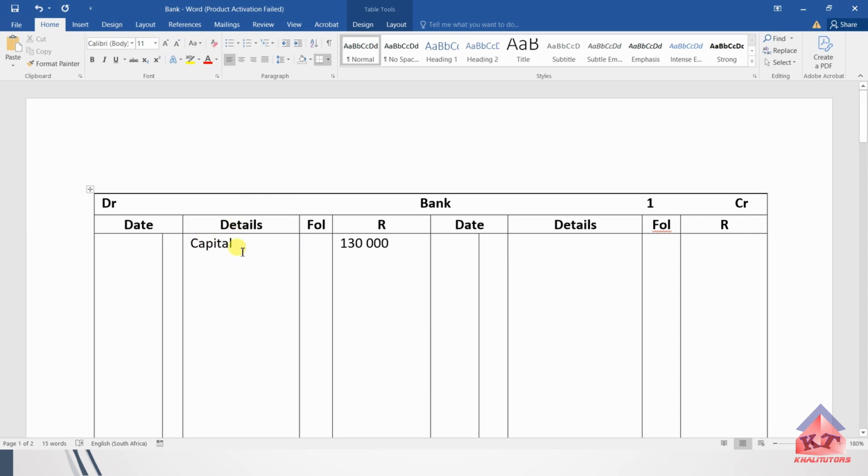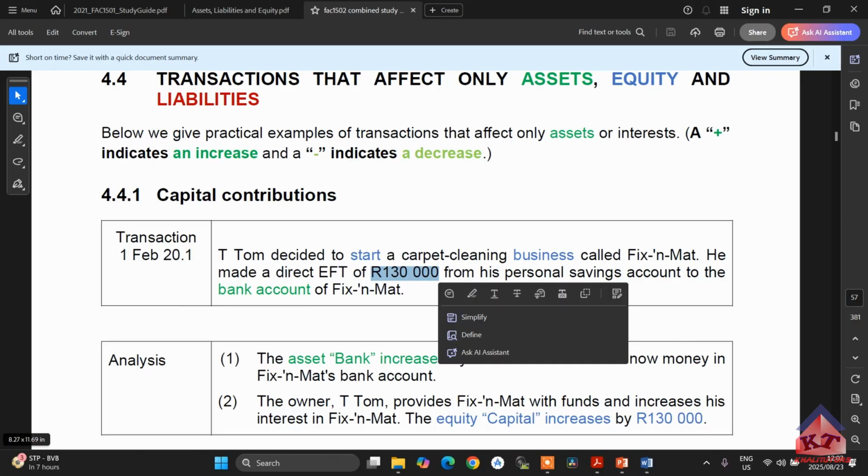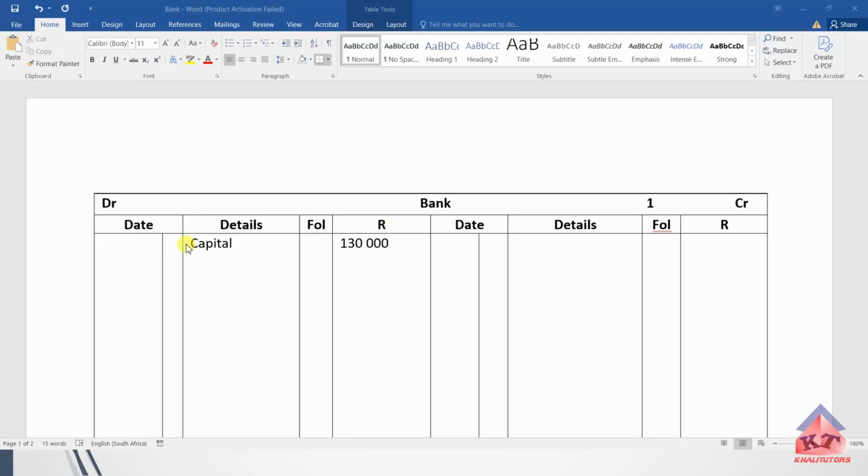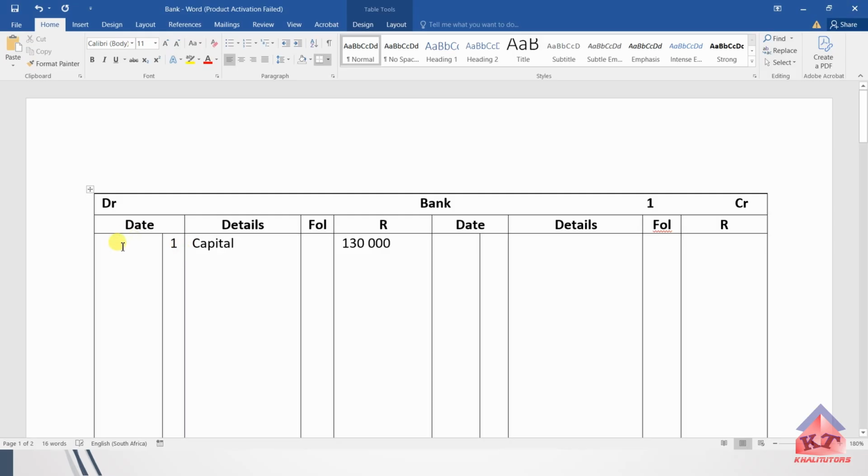So here in your details, you write the name of the account that is going to be credited, because this one here is debited. Then you write the date on which this took place. In this case, they told us that it was 1 February. Then you can write 1 here, and then here you can write Feb 20.1. Then you're done in terms of the bank account.